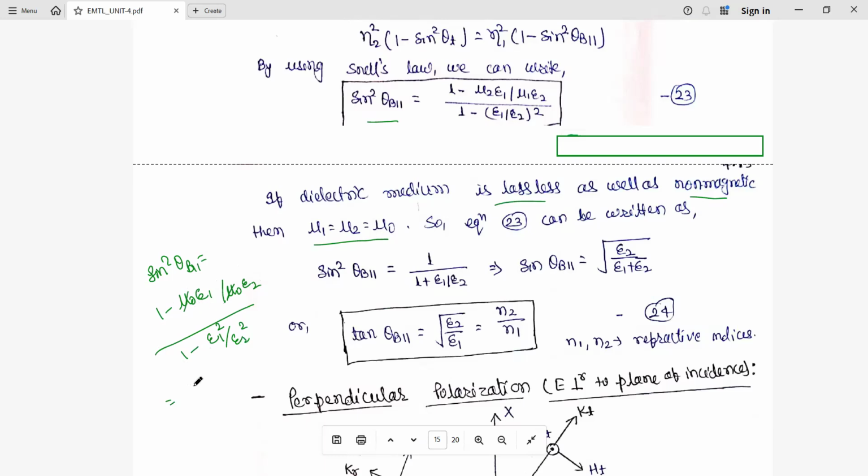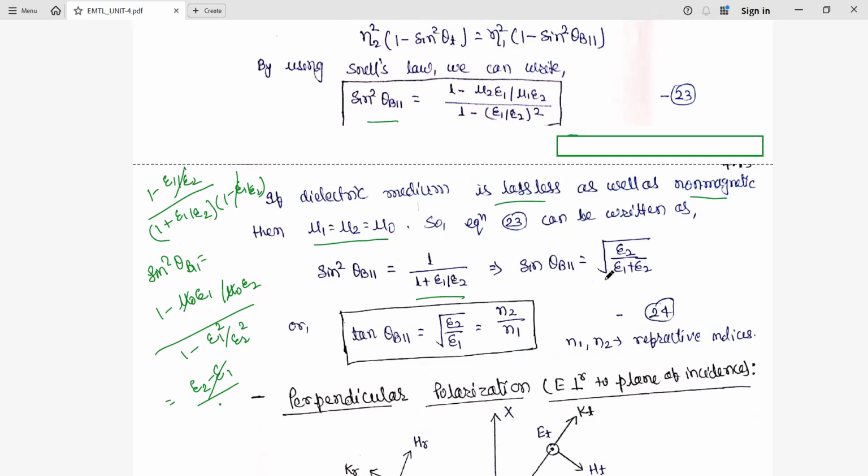In the numerator we can write 1 minus epsilon 1 by epsilon 2, and the denominator can be written as a square minus b square, so we have a plus b into a minus b. Here this term is going to be cancelled. So finally we have 1 by 1 plus epsilon 1 by epsilon 2.